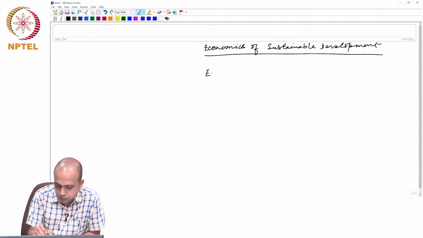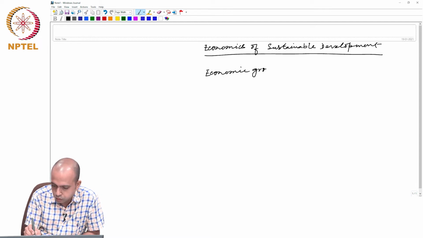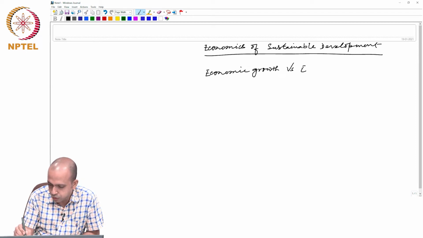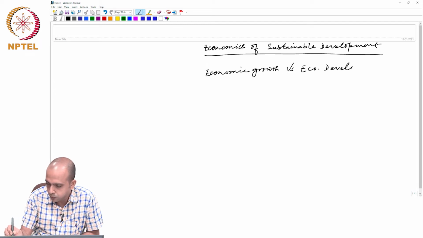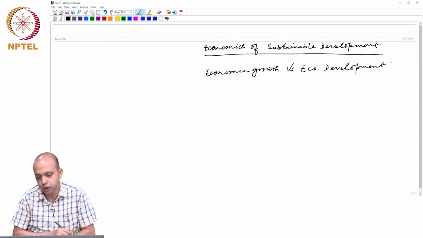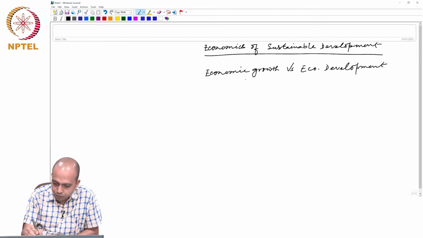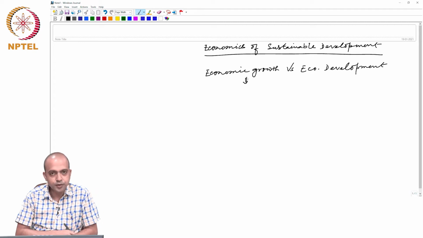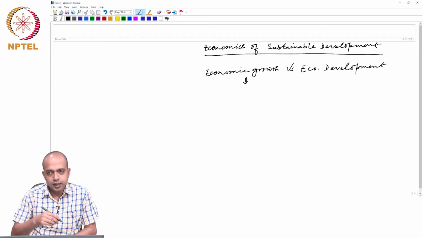Economic growth versus economic development. Now, economic growth basically indicates a growth in physical income.